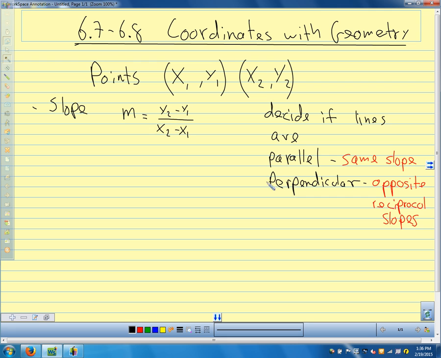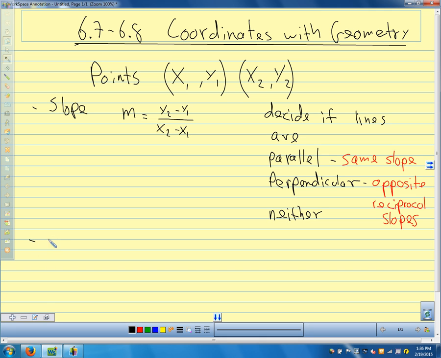And if they're neither, not parallel and not perpendicular, we don't have anything special that relates the two slopes. So slope is going to help us decide whether segments are parallel or perpendicular, and we've talked a lot about that with our special quadrilaterals.